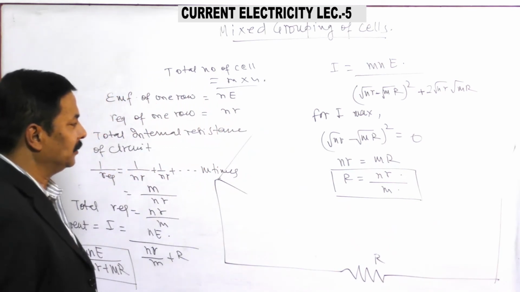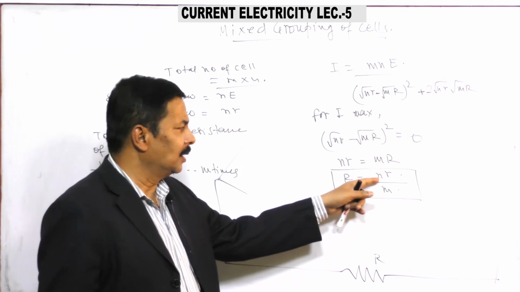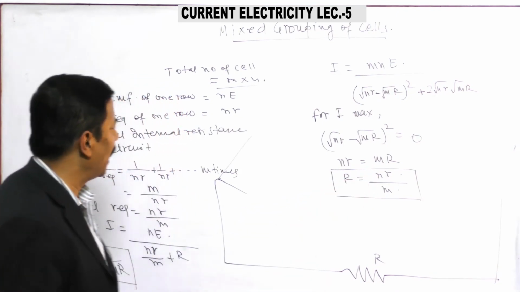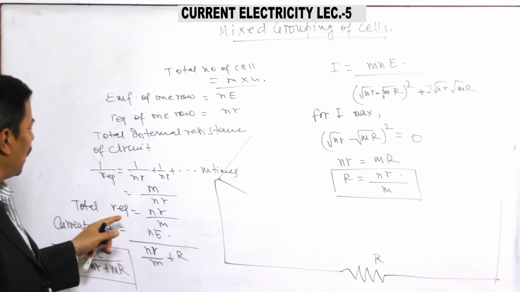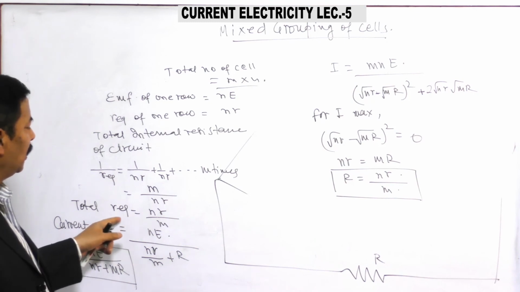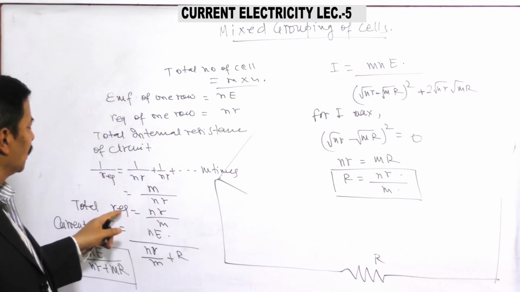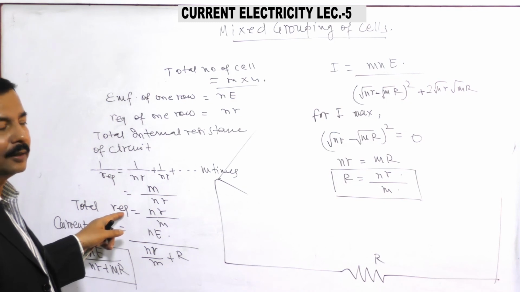So what is this? This nr by m is your total internal R equivalent.